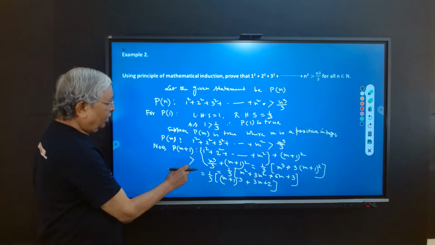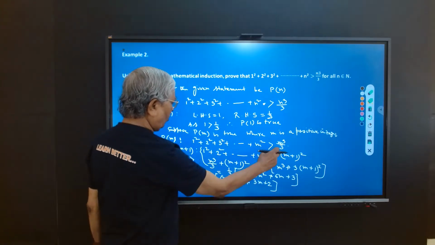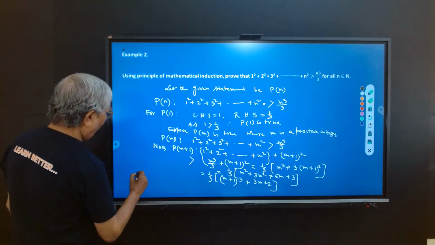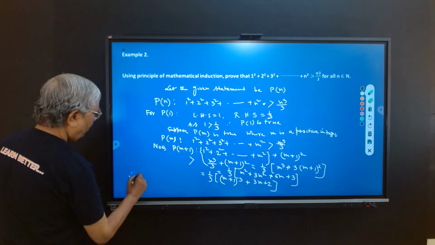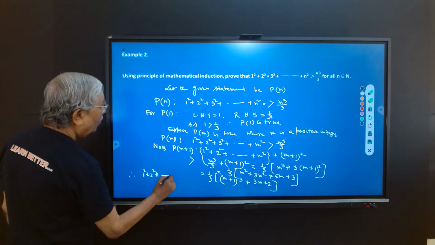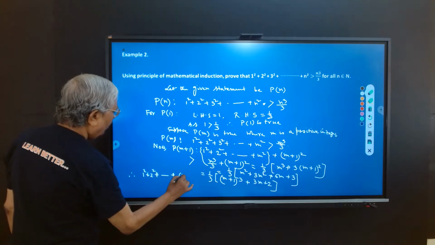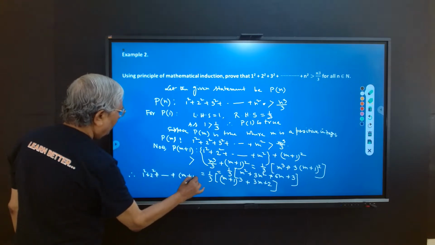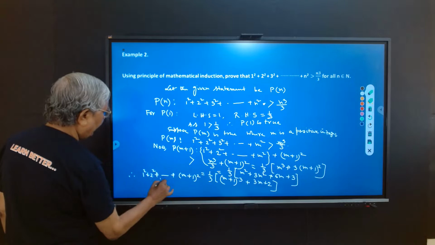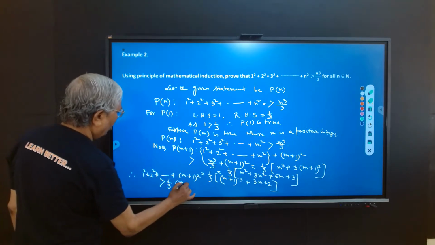Pm plus 1, that is 1 square plus 2 square up to m plus 1 whole square, is greater than 1/3 m plus 1 whole cube.